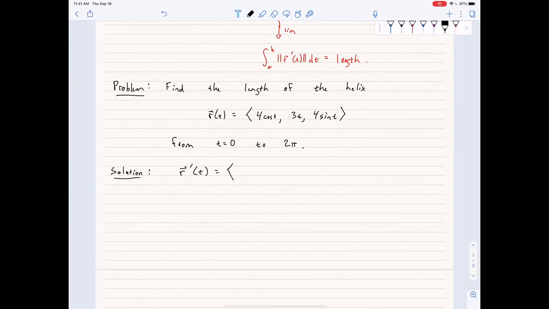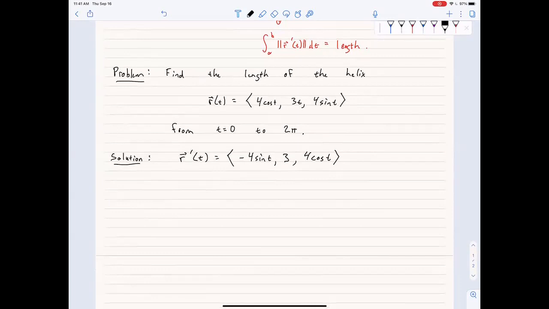We can just take derivatives of each of the components. So derivative of cosine of t, negative 4 sine of t. Derivative of 3t is just 3. And derivative of 4 sine of t is 4 cosine of t.